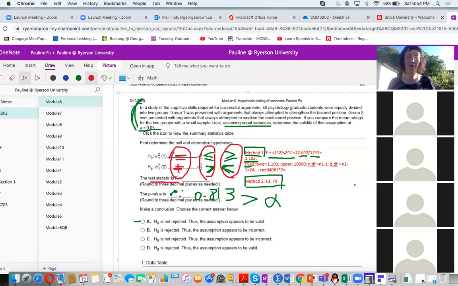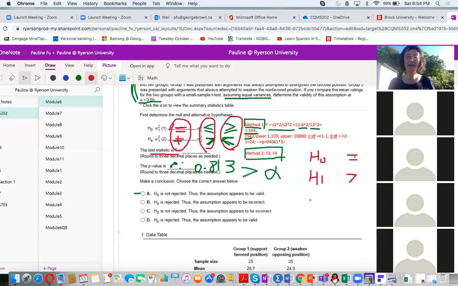For example, some textbooks say H0 uses equal, and H1 uses greater. That's fine, that's correct. In case you have a multiple choice question, it is still a correct combination. Another combination could be H0 is equal and H1 is smaller. Again, this is a correct combination. Any questions?